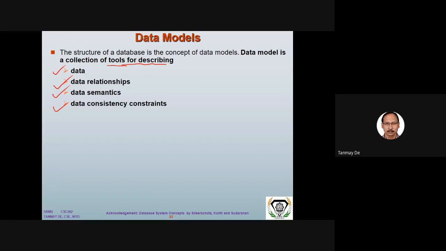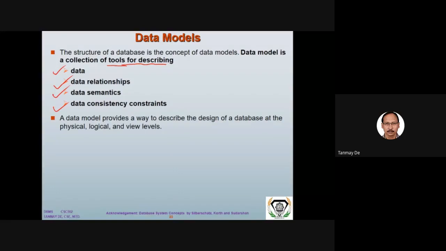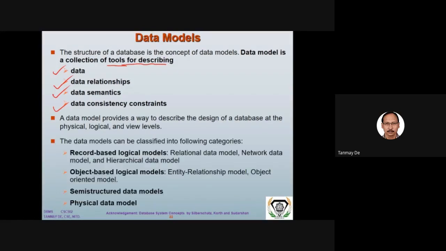Okay, and a data model basically provides a way to describe the design of a database at the physical level, logical level, as well as the view level. This is the important one. The data models can be classified into the following categories: the record-based logical model, object-based logical model, semi-structured data model, and physical data model.